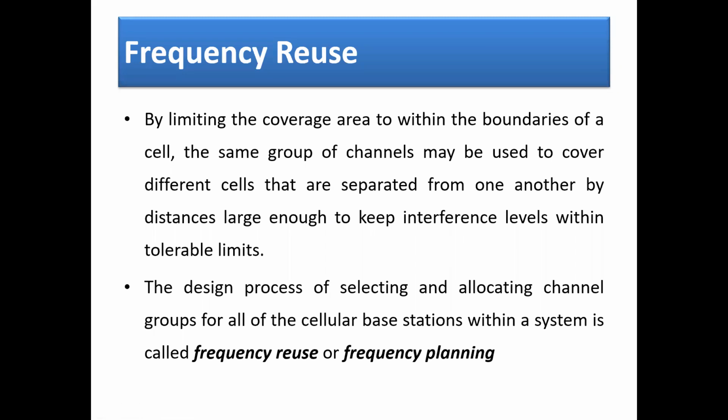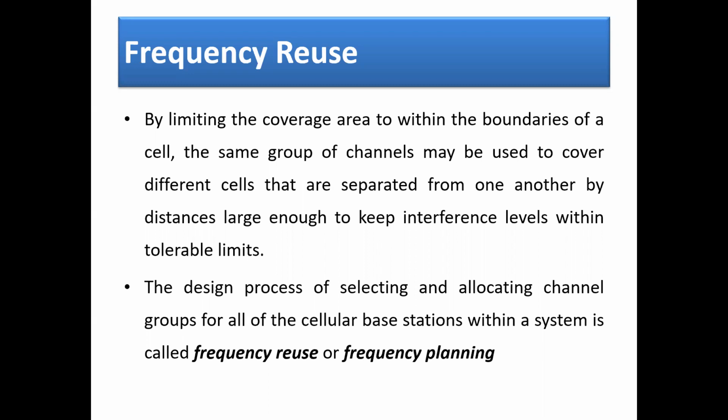Now, when we are going to reuse the clusters or reusing the frequencies, we have to keep a distance which is called co-channel reuse distance. This distance will be physically used to apart between two cells which have the same channel sets in order to what?